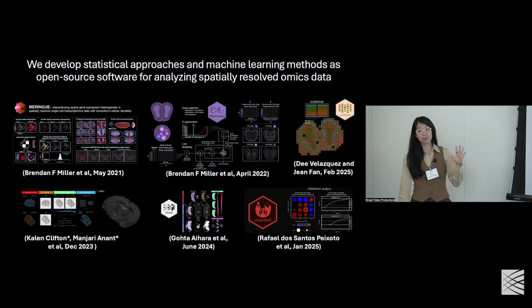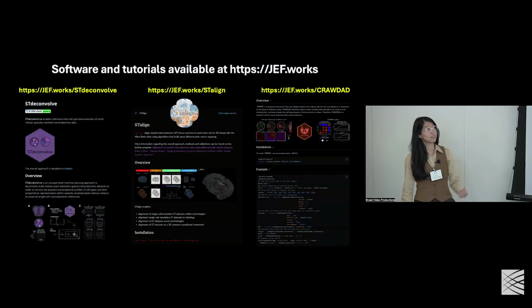So over the years, we've developed a number of computational methods as open source software, for example, for identifying spatially variable genes, for doing deconvolution, and so on and so forth, all of which are available as open source software with various tutorials. So I encourage you to check out our lab website if you're interested in following along. There's always demo data sets for you to tinker with, but you're also encouraged to try it out on your own data sets, of course.